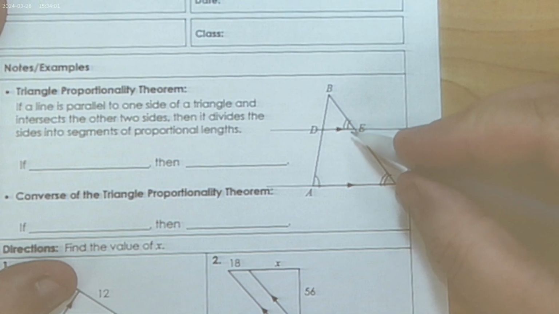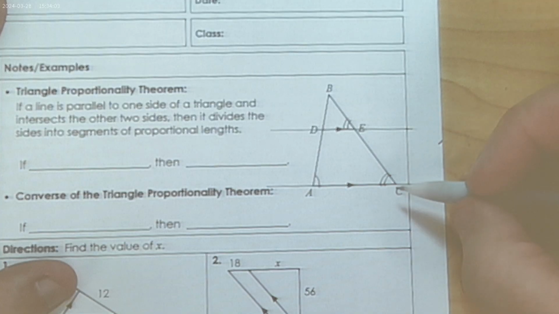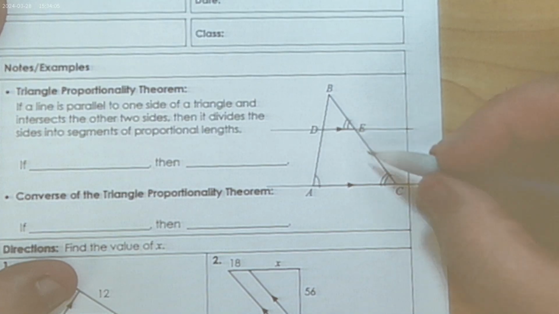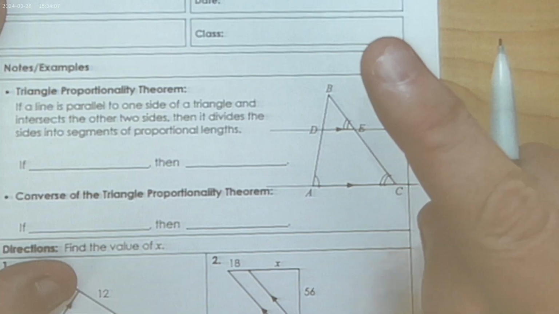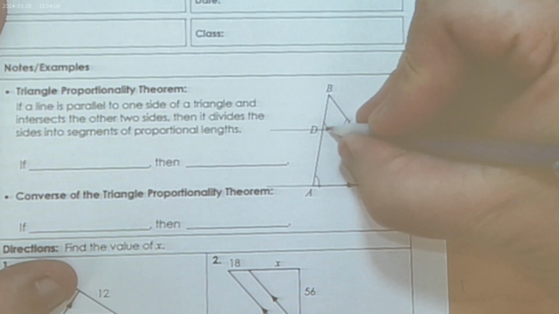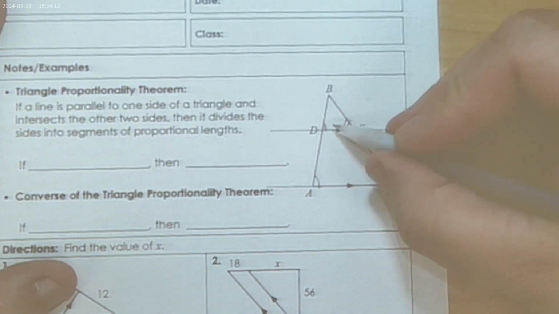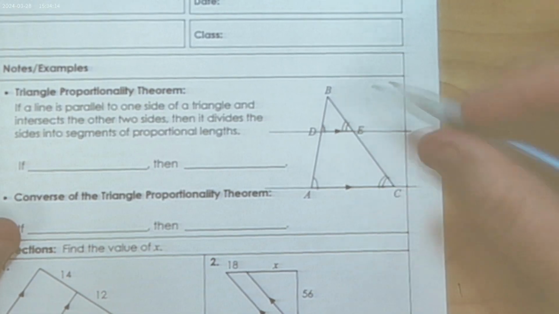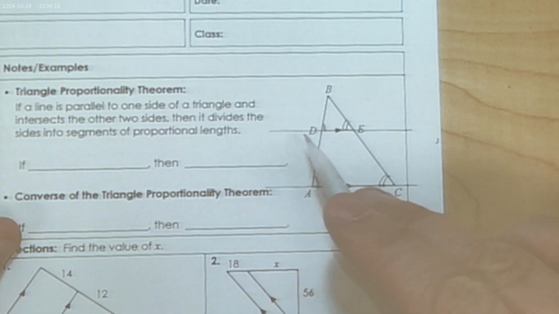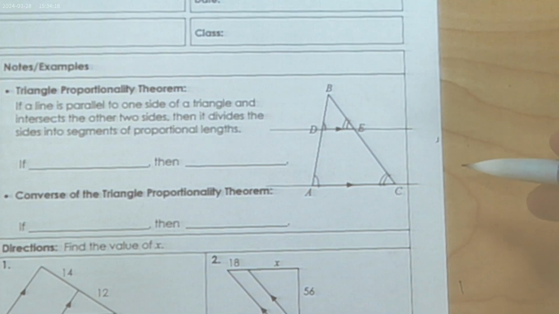So these two are going to be the same angle because these two lines are parallel. By the same token, these two are going to be the same measurement because they are also corresponding angles on the same transversal intersecting two parallel lines.